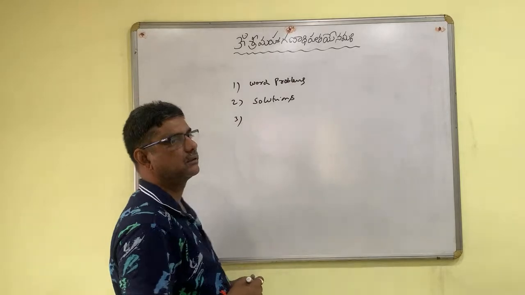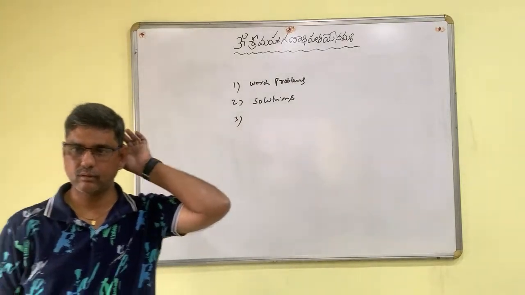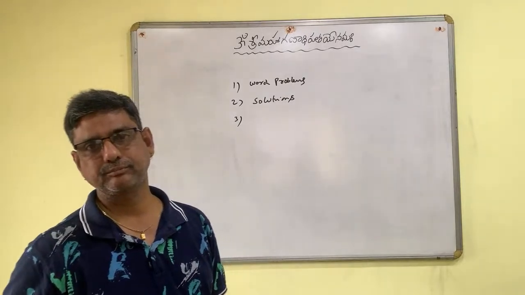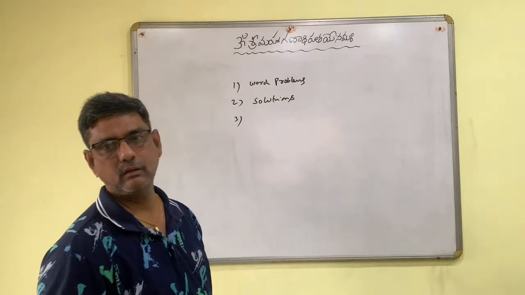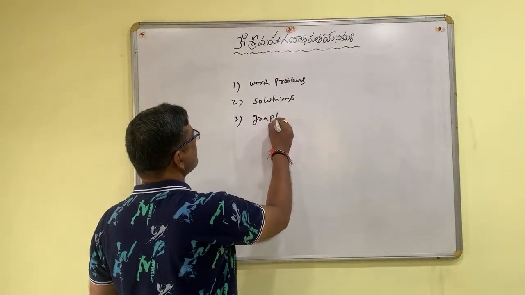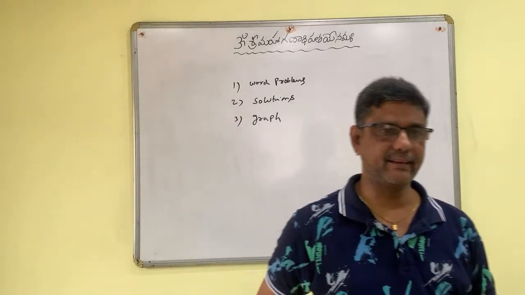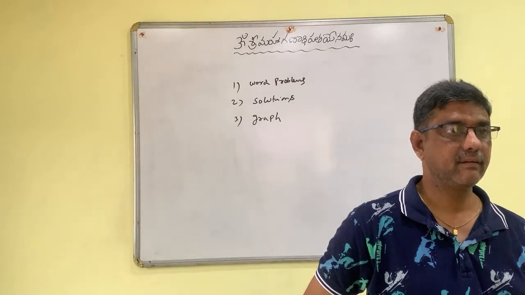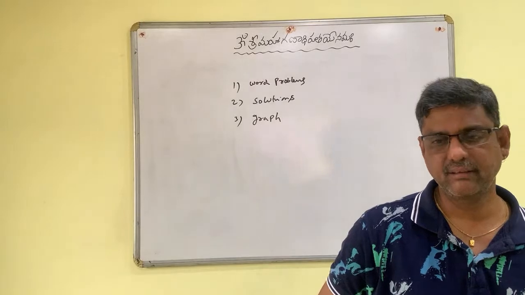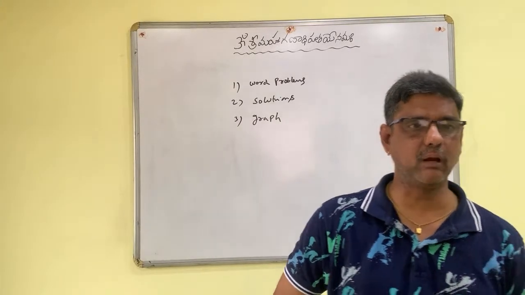Third one, any other? Finding the solutions. Done. Any other? Third one, graph. How to represent a linear equation in two variables graphically, or drawing the graph of a linear equation in two variables.